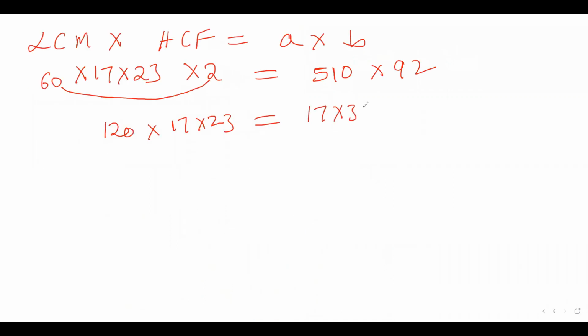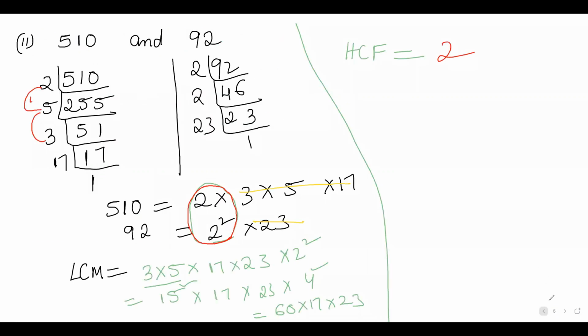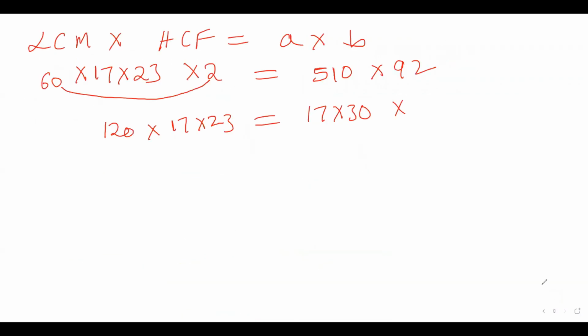So 17 into 30. 92 prime factorization: 92 is 23 into 4.